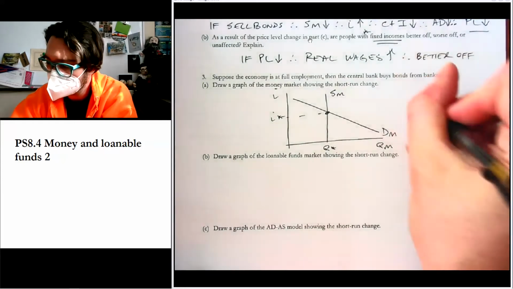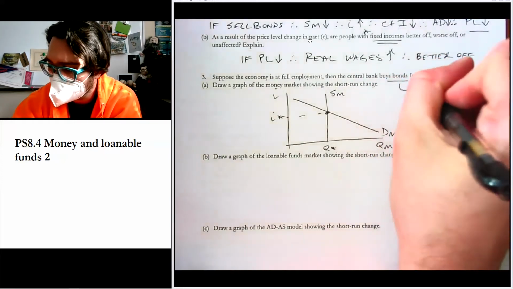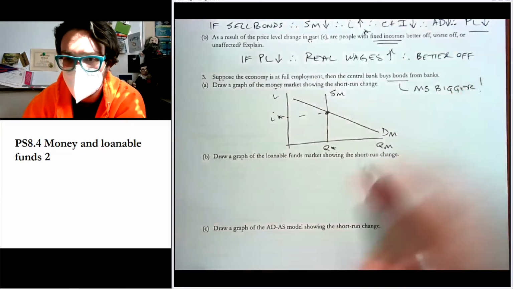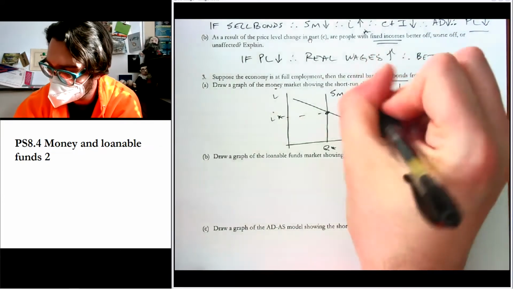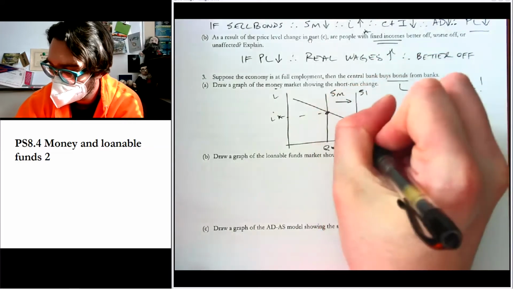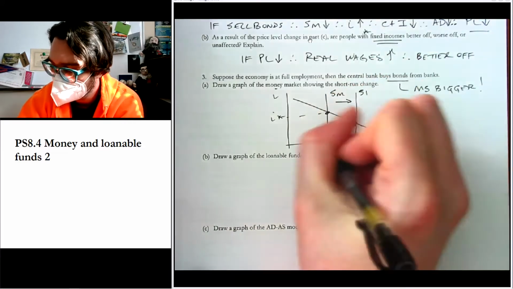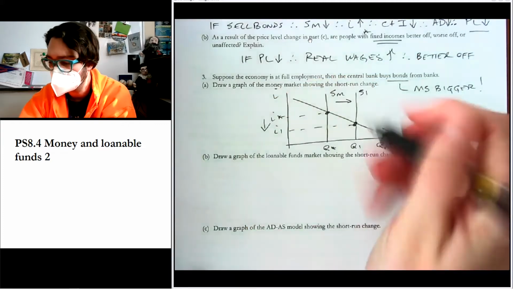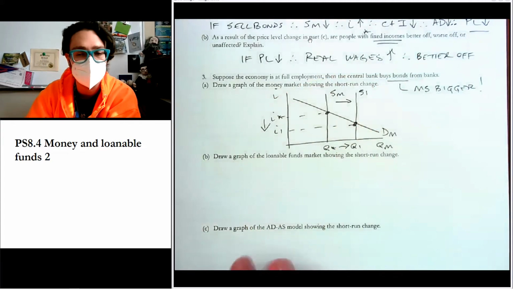But if they buy bonds, the money supply gets bigger. So we shift this curve to the right over to Q1, and it pushes the interest rate down as well. So we have more money in the system and the interest rate's lower.